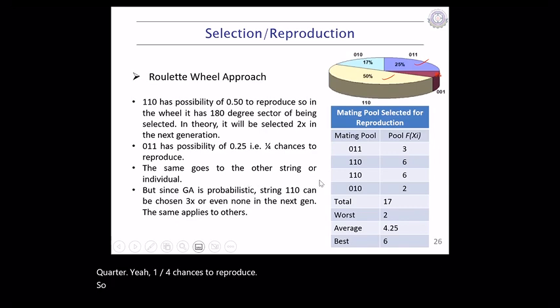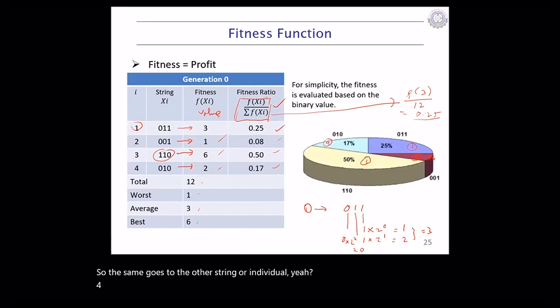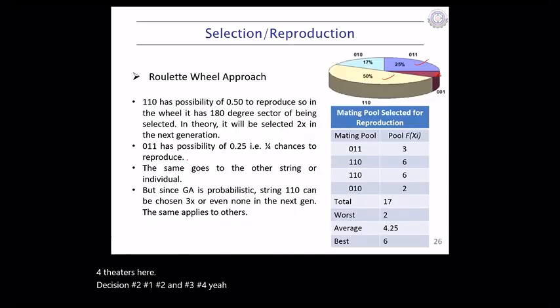The same goes for the other strings or individuals here. This is number 2, number 1, number 2, and number 3, number 4. So we put each one in the mating pool with the reproduction.